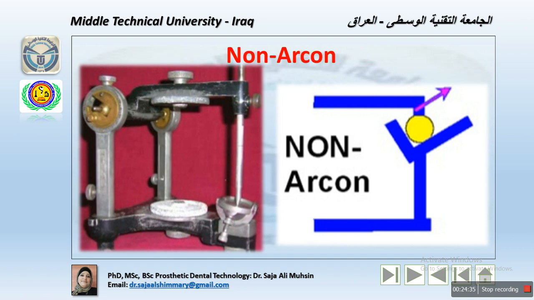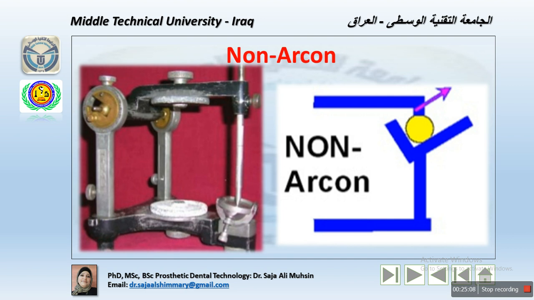The arcon one mimics the temporomandibular joint in its real character, but the non-arcon is vice versa, which means the condylar element is attached to the upper member and the condylar guidance to the lower member. The condylar element, upper member; condylar guidance, lower member. Okay?